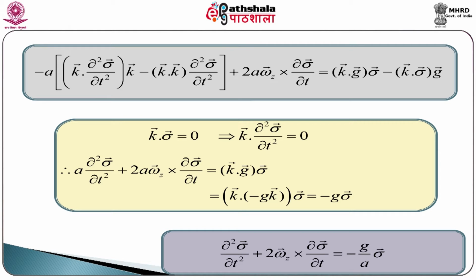Same property has been used in the right hand side of the equation, and we get the first equation written in this slide. Now, k dot sigma equal to 0, since both are perpendicular vectors. So, we have k vector dot ∂²σ vector/∂t² equal to 0.